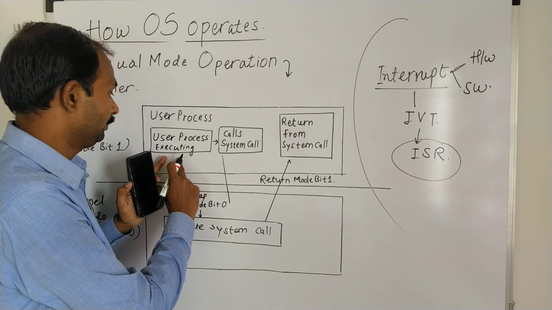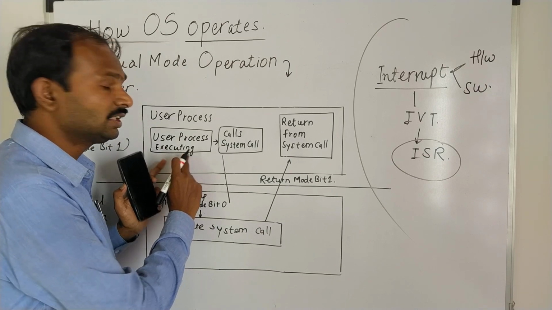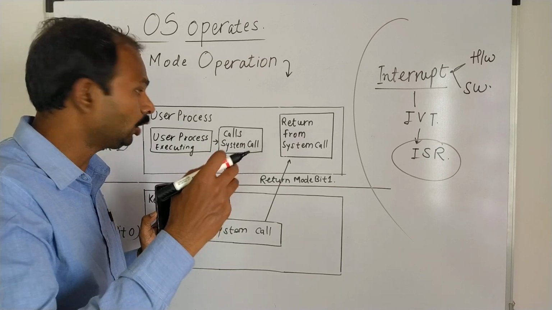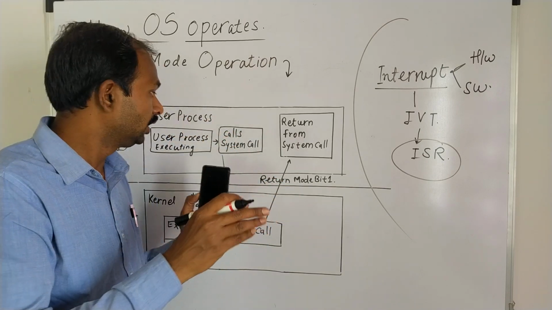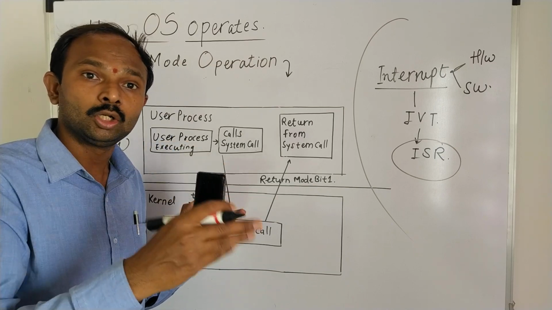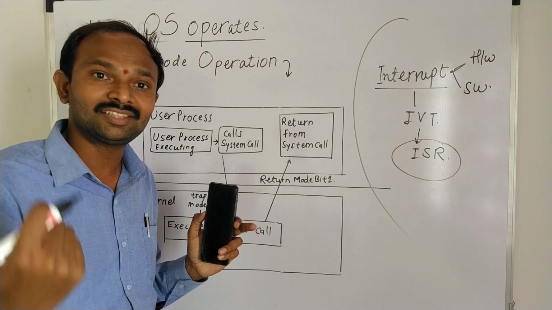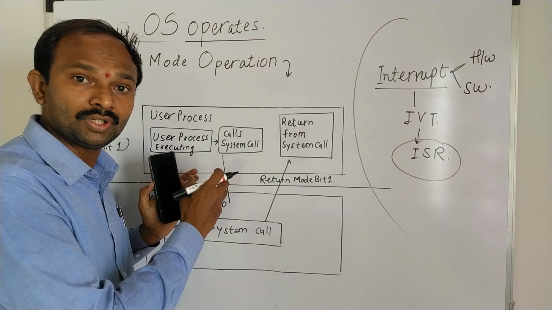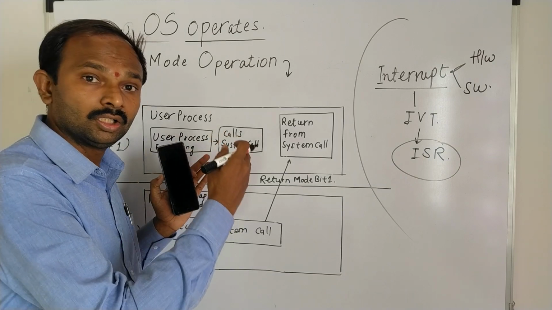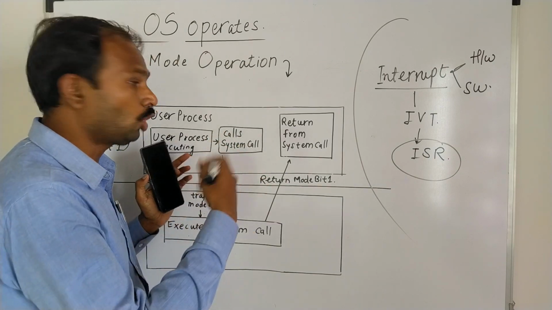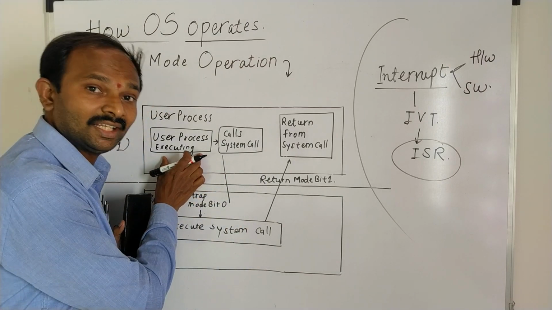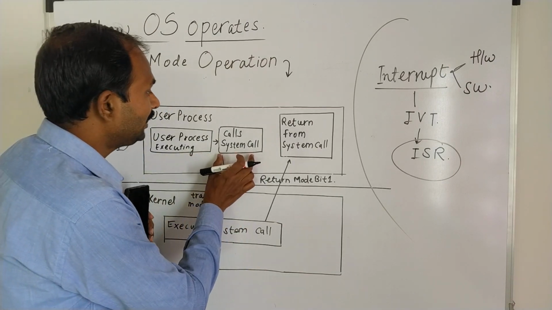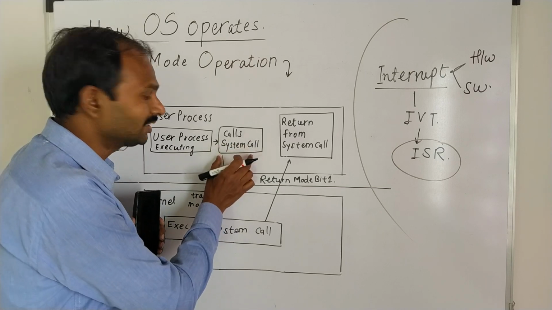Whenever an action is performed in the user mode, through the system call the information is given to the kernel that this is the user function, and a proper system function is called through the system call. So when the user process is executing, the call is given to the system call, so it calls a system call.